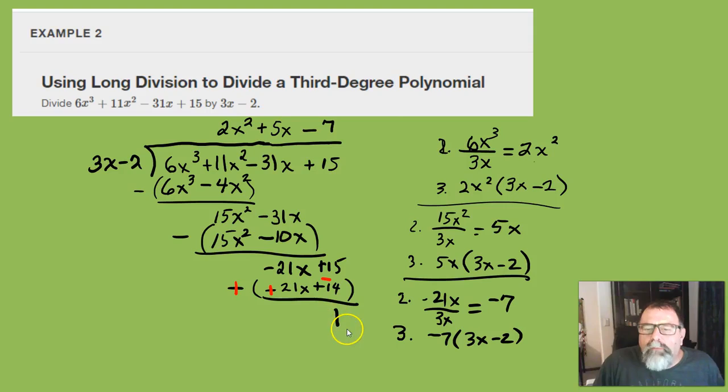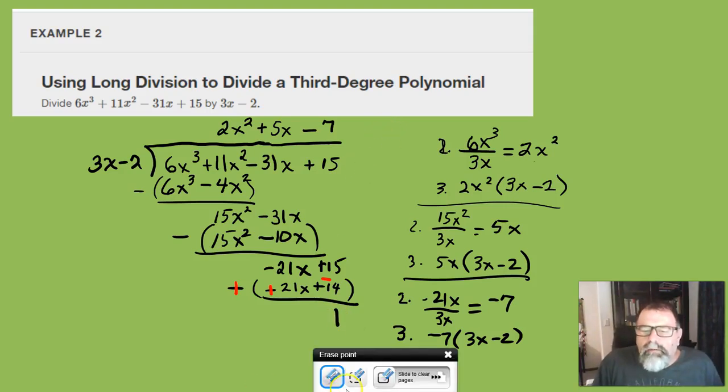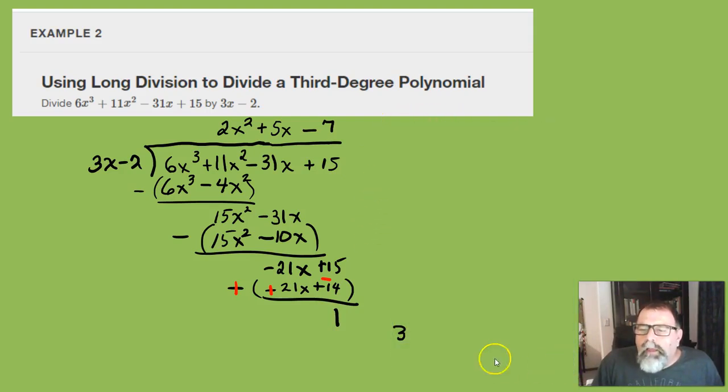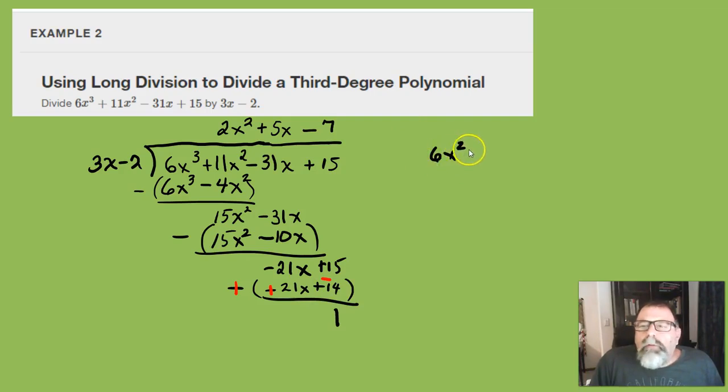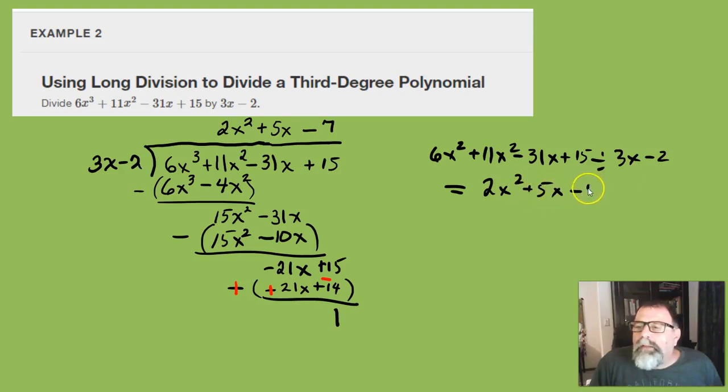Okay, so that would be 1. All right. So now, let me erase all this scratch work here. So now, again, our solution would be 6x cubed plus 11x squared minus 31x plus 15 divided by 3x minus 2 is equal to 2x squared plus 5x minus 7.